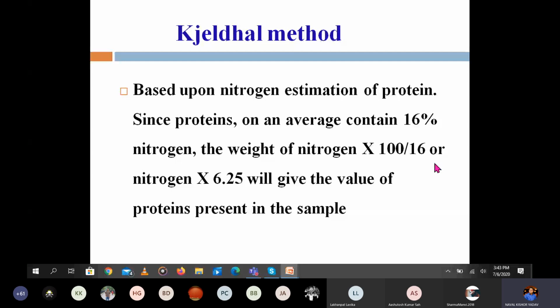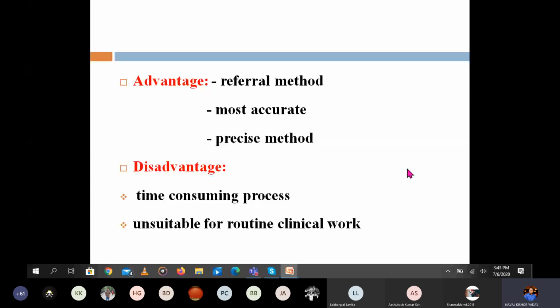The advantage of this method is that it is a reference method, most accurate and precise. So note down: reference method, most accurate and precise method, but still it is not used in the clinical laboratory now because it is time consuming and unsuitable for routine clinical work.